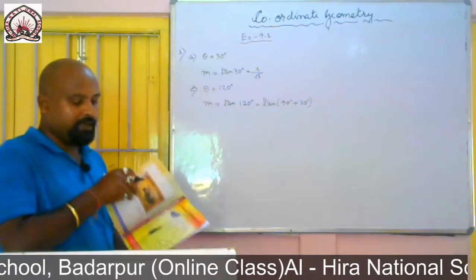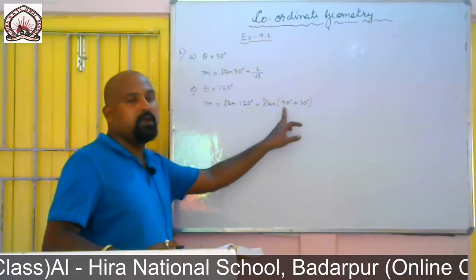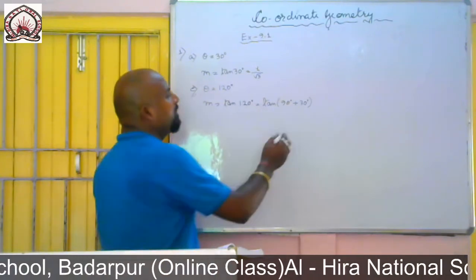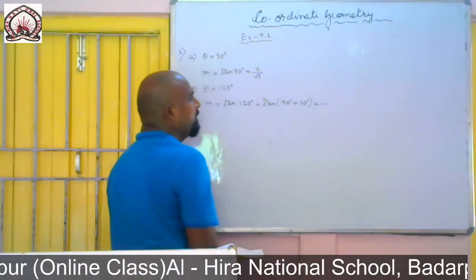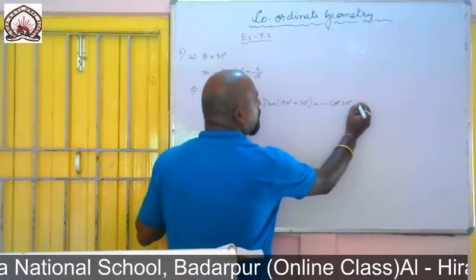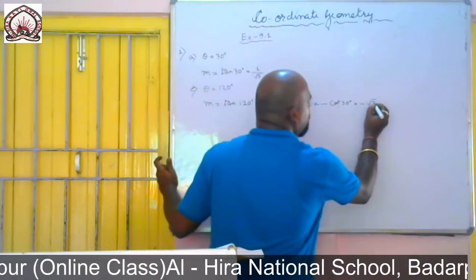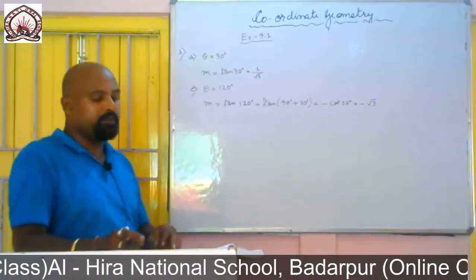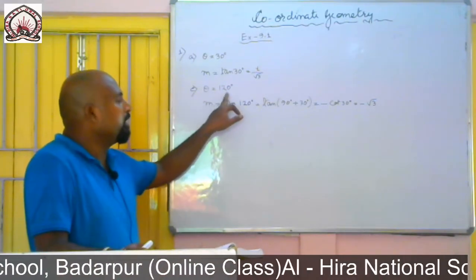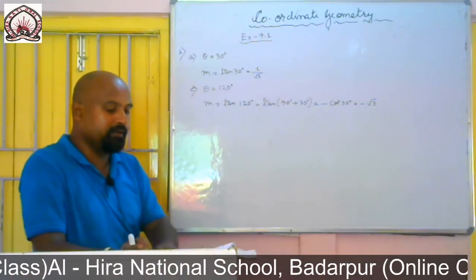Here 120 degree belongs to the second quadrant, where tan is negative. With an odd multiple of 90, it converts into cot 30, so it equals minus cot 30. Cot 30 equals root 3. So the slope of the line when the angle theta equals 120 degree is minus root 3.